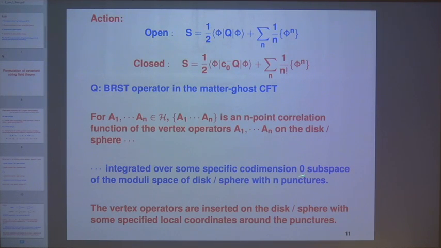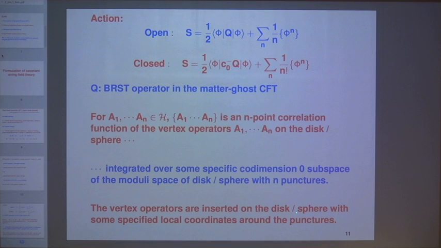But this correlation function is then integrated over some specific codimension 0 subspace of the moduli space of disk or sphere with n punctures. So it's not just a correlation function at a particular point in the moduli space, it's a correlation function integrated over some subregion of the moduli space. Also, since the vortex operators are in general off shell, we are not imposing any on shell condition on the string field.